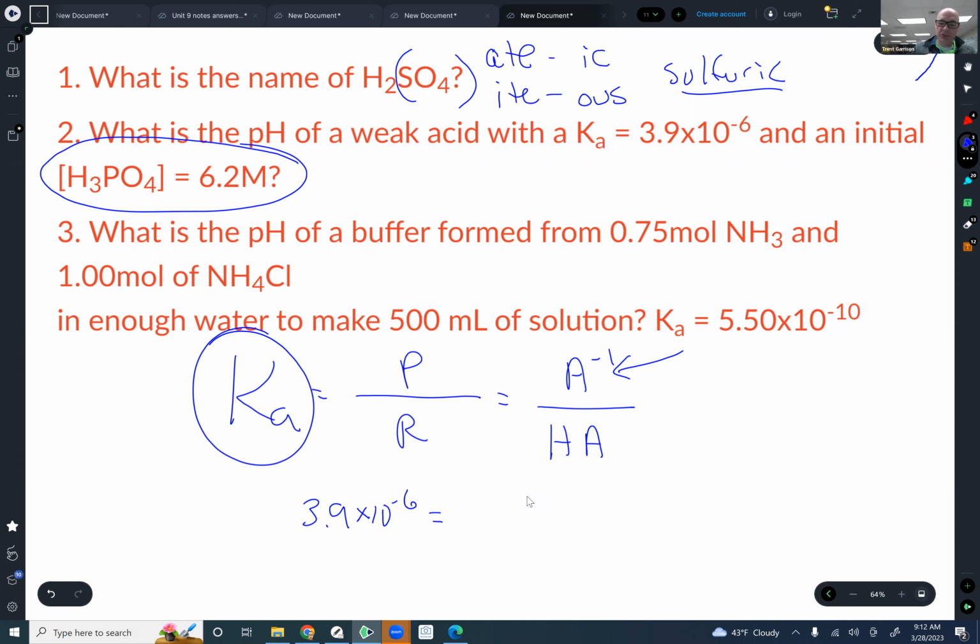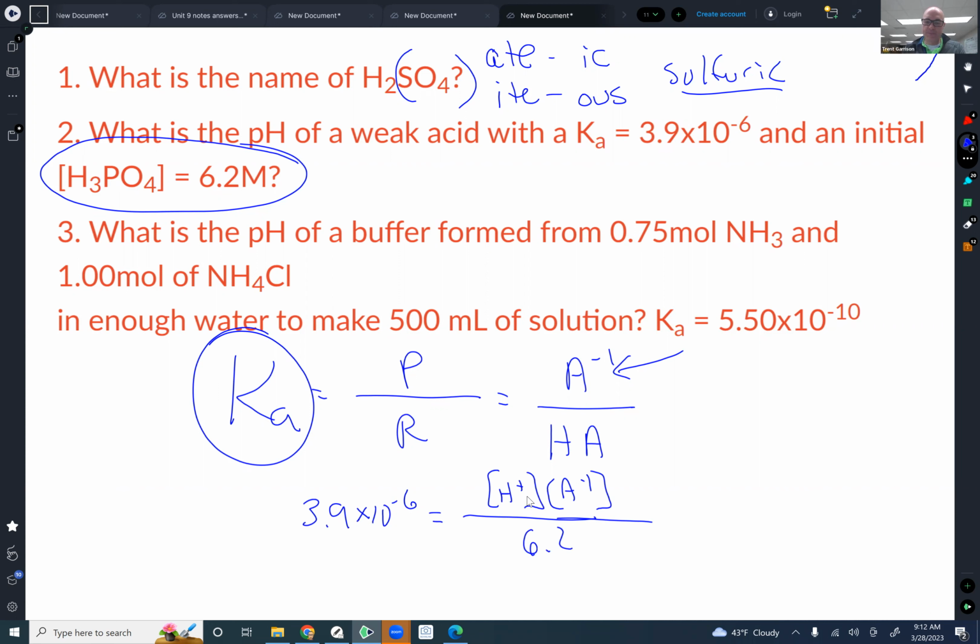It is equal to, we don't know the hydrogen concentration. We do know, however, underneath it, we do know the initial concentration is 6.2. Now, because we know that these ratios are going to split apart into the equal concentration amounts, we can simply make this x squared.